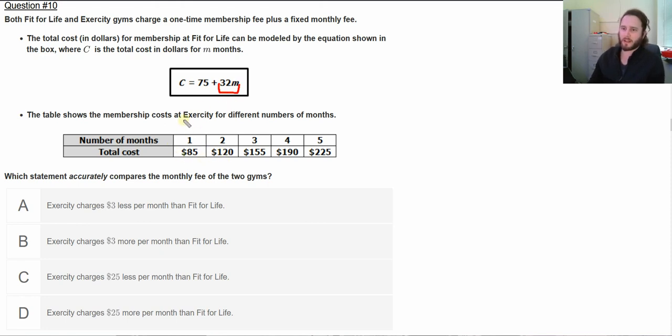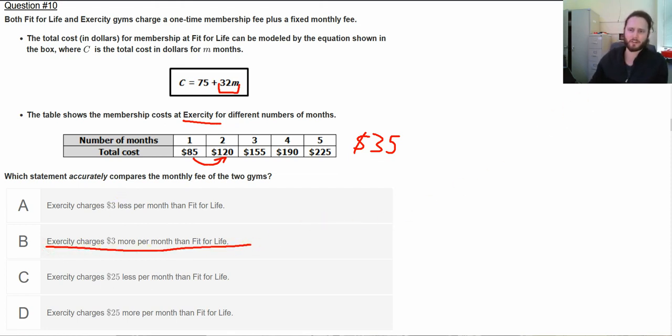And this second one at Exeter would be going from, let's see, 85 to 120, which is an increase of $35 per month. So we've got $32 per month versus $35 a month. So it looks like Exeter City charges $3 more per month than FitLife. So that's going to be the answer we would go with.